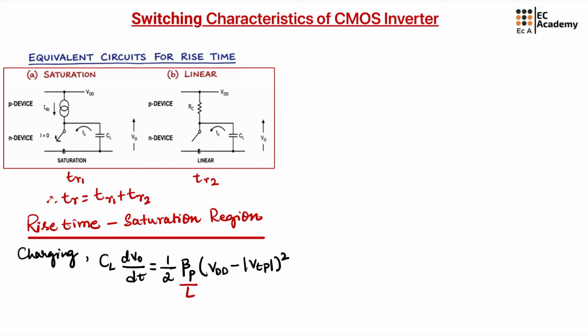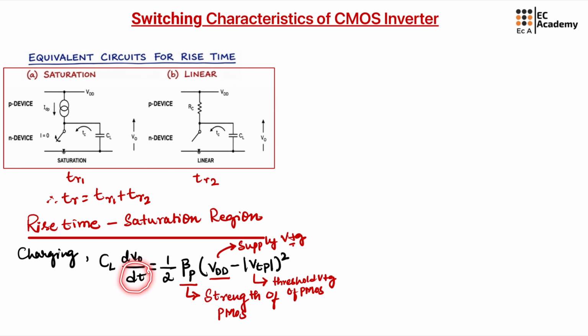Here beta P represents strength of PMOS transistor, VDD is the supply voltage and VTP is the threshold voltage of PMOS. Now let us rearrange this equation and derive the expression for dt.